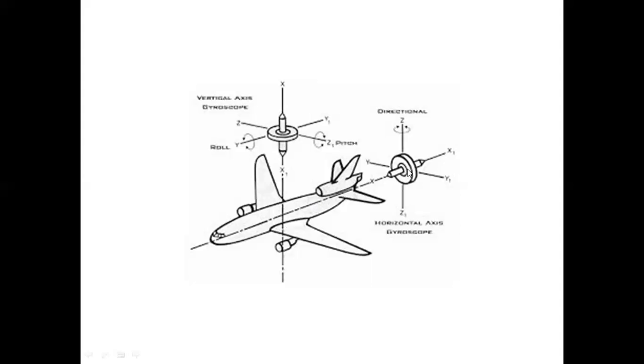I is the mass moment of inertia of the rotating parts, omega is the angular velocity of the disc, and omega p is the precessional angular velocity. When the gyroscopic couple is very large, the plane's nose will be raised or lowered to such an extent that the plane will lose its balance.